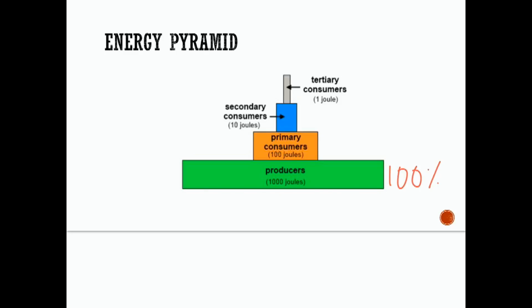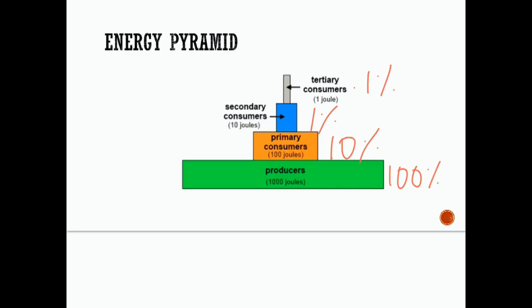At the primary consumer level, you only have 10% of that energy. At the secondary consumer level, you only have 1% of that energy. And at the tertiary consumer level, you only have 0.1% of that original energy from the first level.